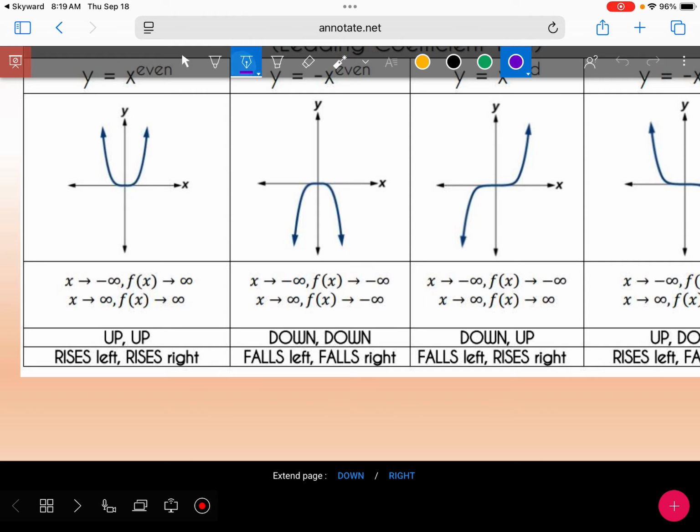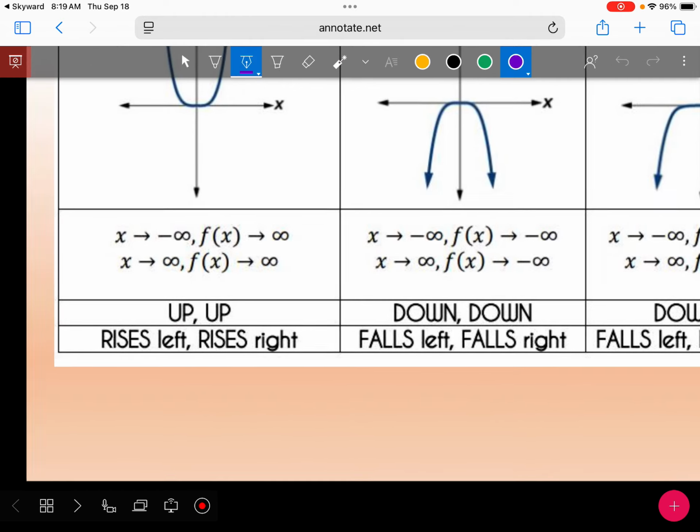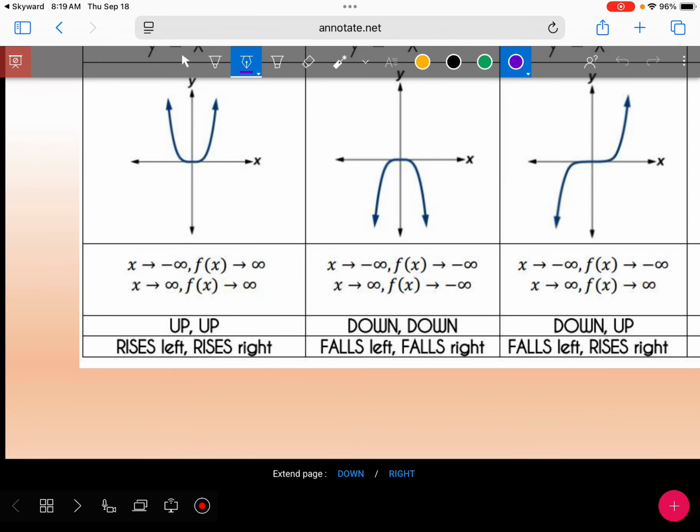So what that means is, for this one, whenever it's even, you can write one limit. You would say the limit as x approaches plus or minus infinity of f of x. And I could do plus and minus because it's the same.